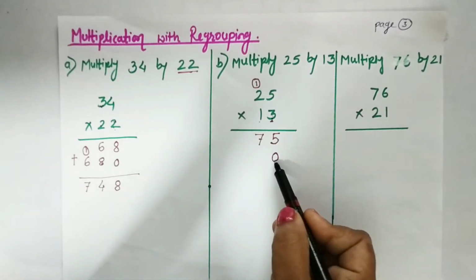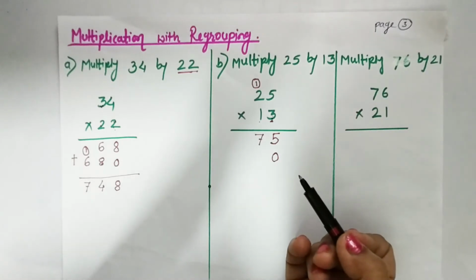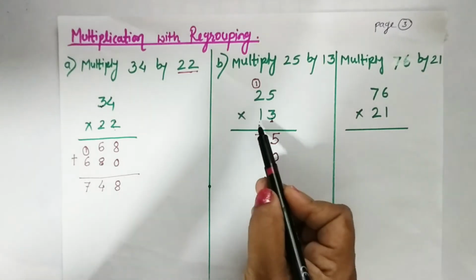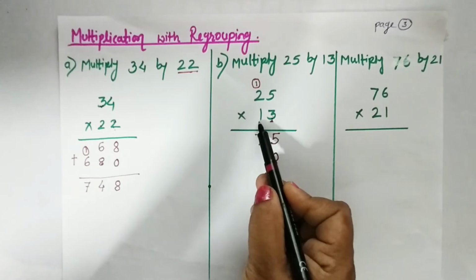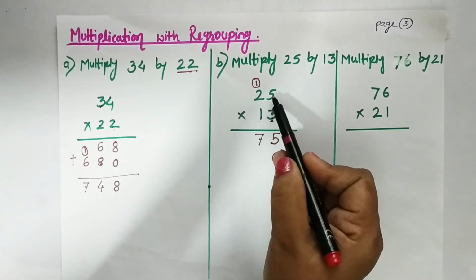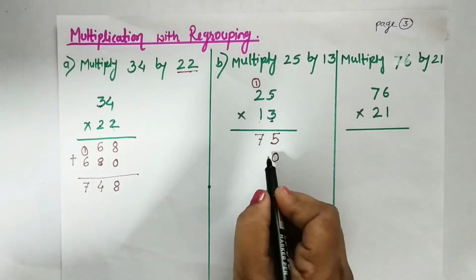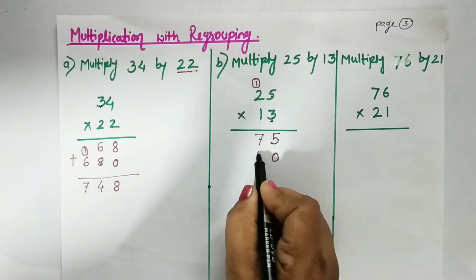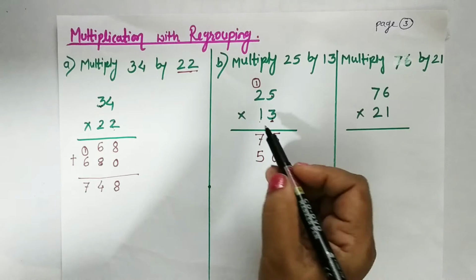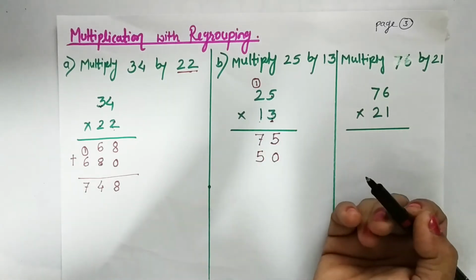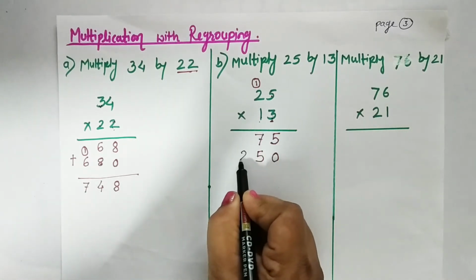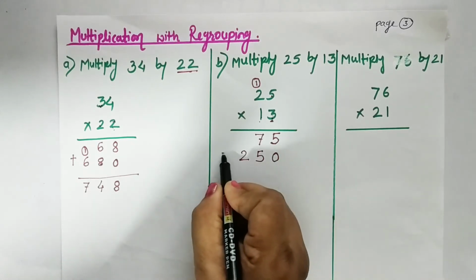So write 0 over here. Now again, for the tens place number, 1 into 5, 5. And 1 into 2, 2. This way give a plus sign.